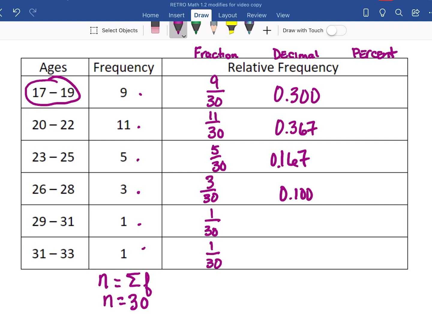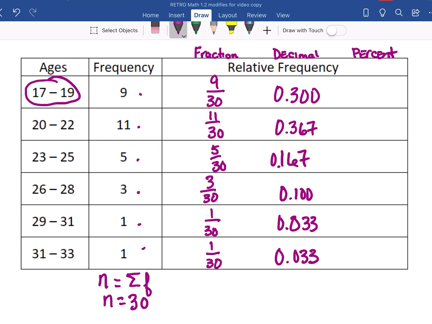Again, I just added some more zeros to the end since it said round to 3 decimal places. 1 out of 30 is 0.033. And again, 1 out of 30 is 0.033.